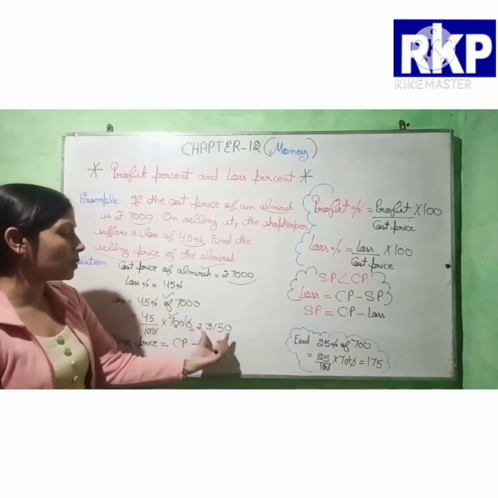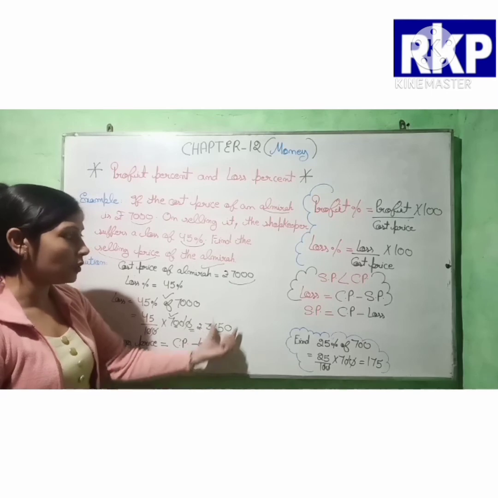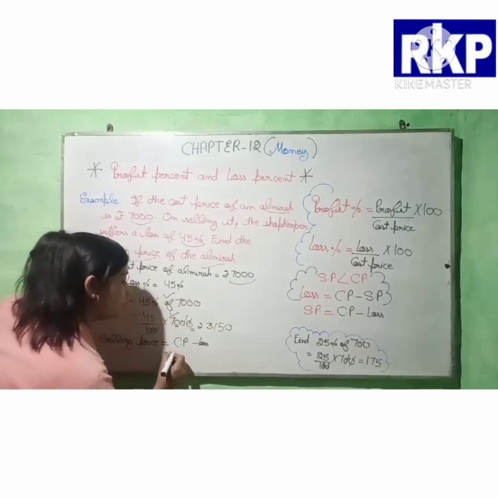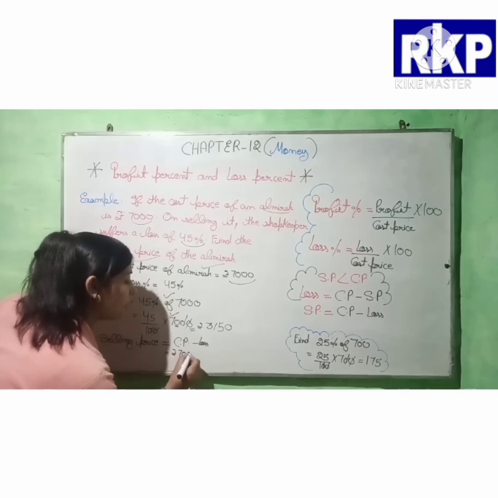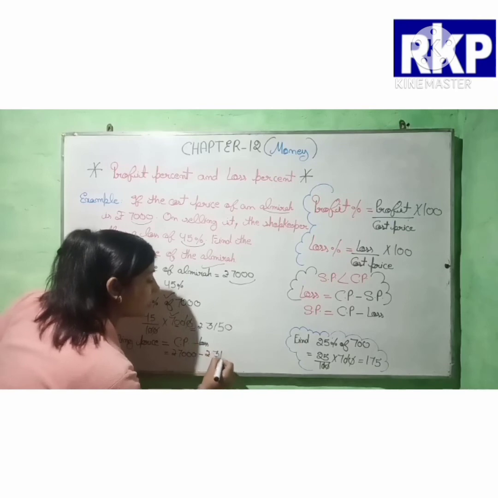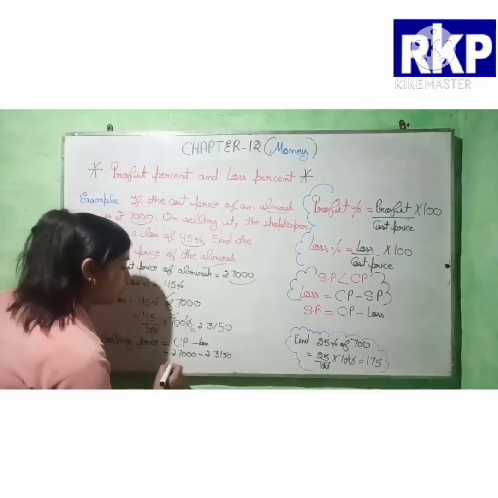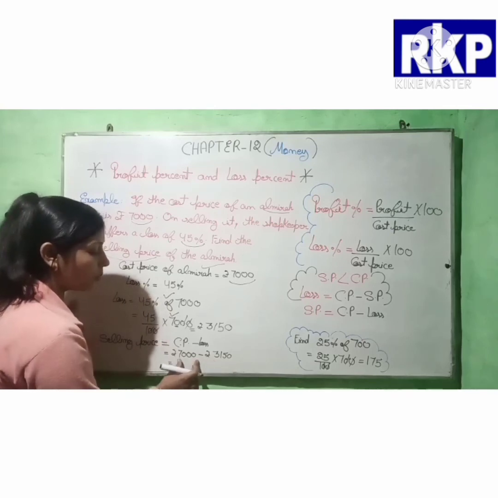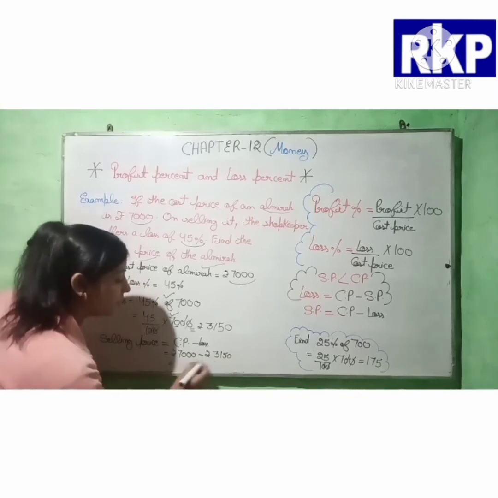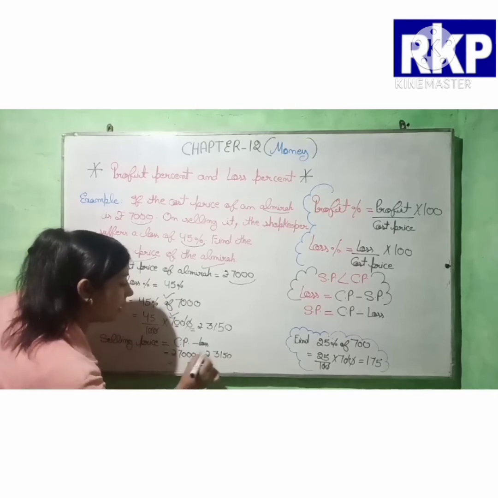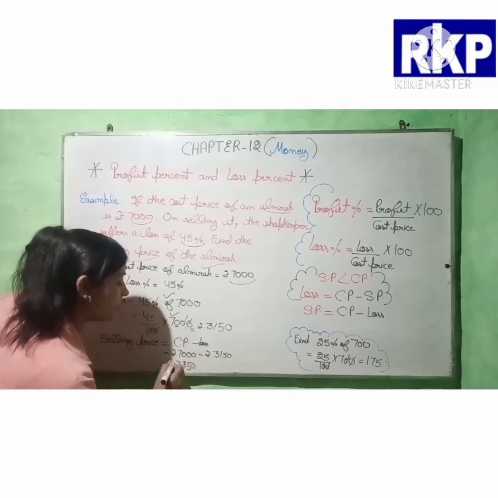So here we have to subtract 3,150 from 7,000. Here we have to write 7,000 rupees minus loss is 3,150. Okay. And when we subtract 3,150 from 7,000, then we get here 0, then 5, and here 9 minus 1, 8, and here 6 minus 3, 3.